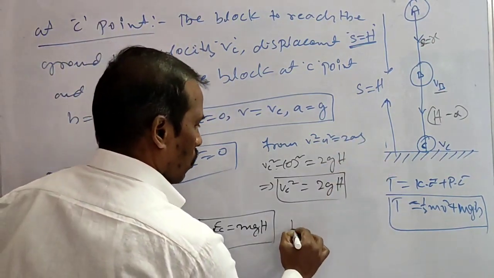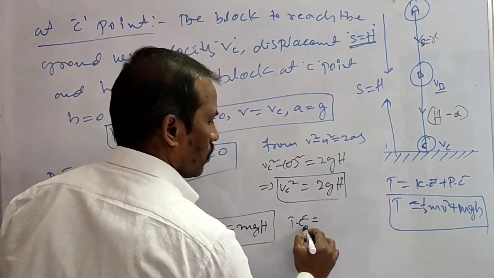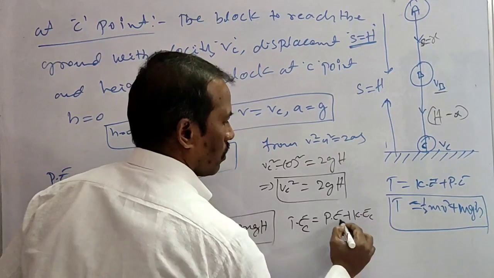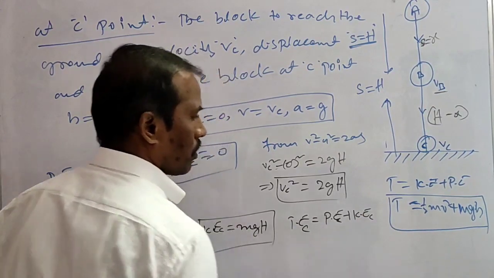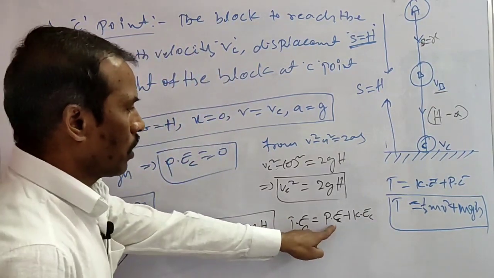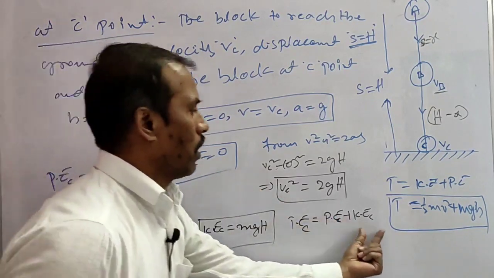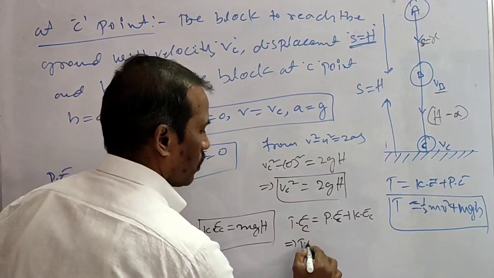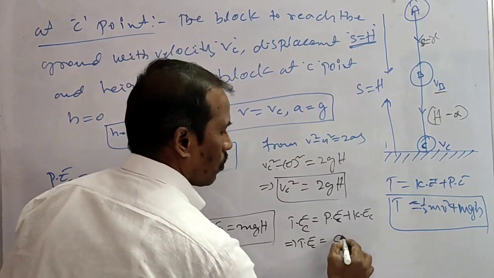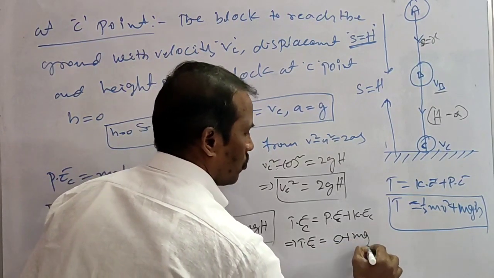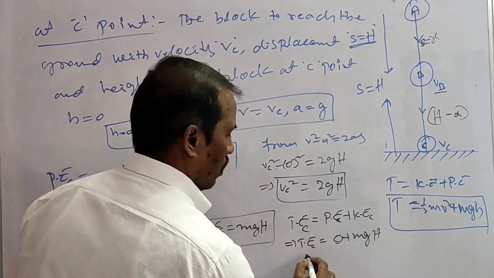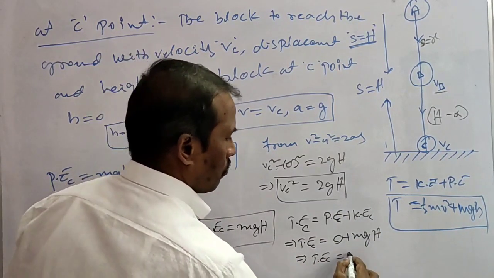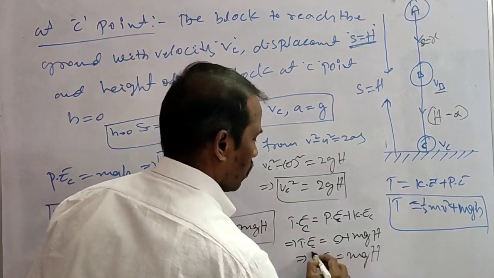So total energy at C point is potential energy plus kinetic energy. Potential energy is 0, kinetic energy is mgh. So the total energy at C point is equal to 0 plus mgh, finally mgh.